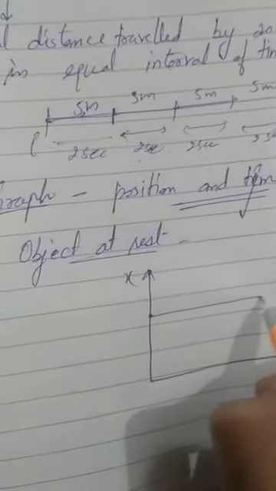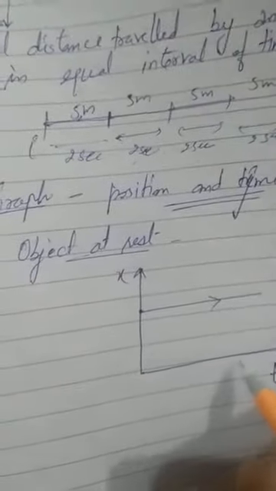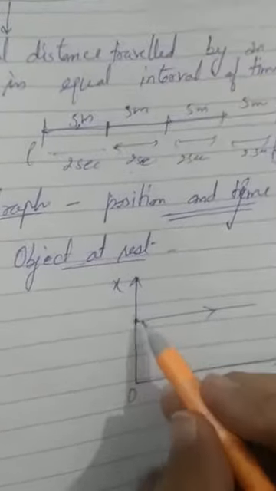When the object is at rest, the position of the object is constant, but will time change or not? Time will change. So time is increasing continuously, but the position of the object is the same. So this is the object at rest.